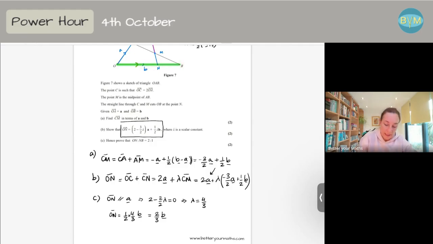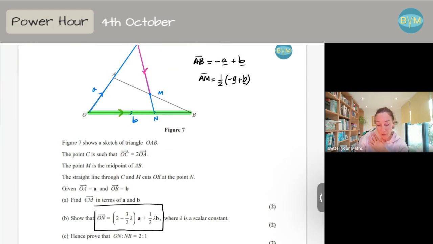So the ratio is 2 to 1. And that's the way of finding a ratio in a vectors question. So if you ever have to find a ratio, what you have to do is to try to write this vector in terms of the long one, if you have the information of the long one. Does it make sense?